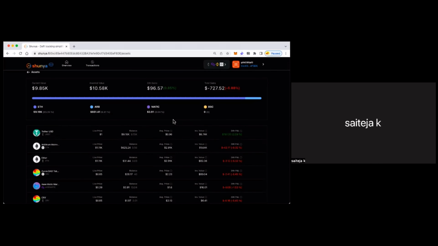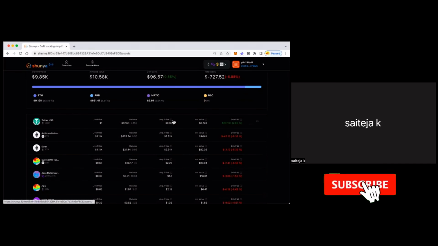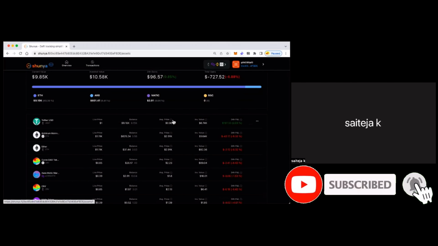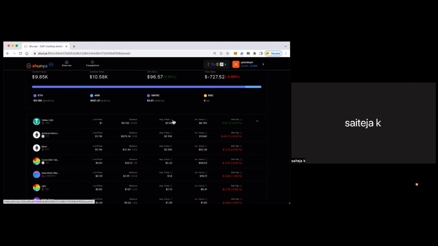And here is the interesting part: you don't need to switch between multiple platforms to check the prices and the P&L of that asset. We show you the individual P&L of the asset along with the investor value, based on the transactions you did on this asset and the average price.